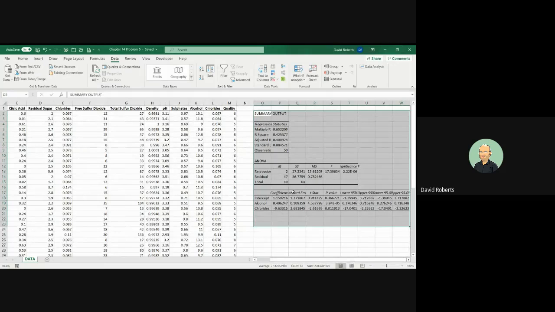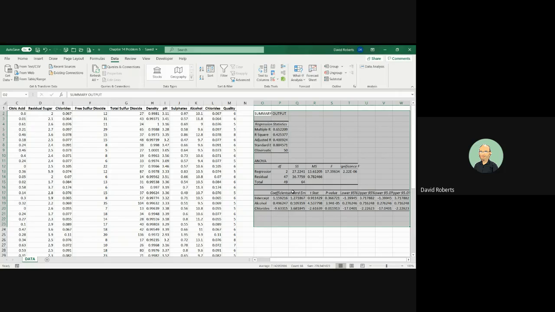So how do we interpret this? Just the same way that we did for single regression. We look at the fact that the y-intercept is 1.159. So if alcohol is 0 and chlorides are 0, we would wind up with a score of 1.159 for quality.